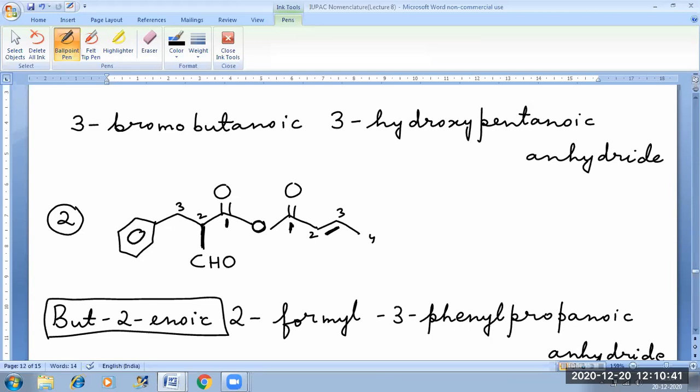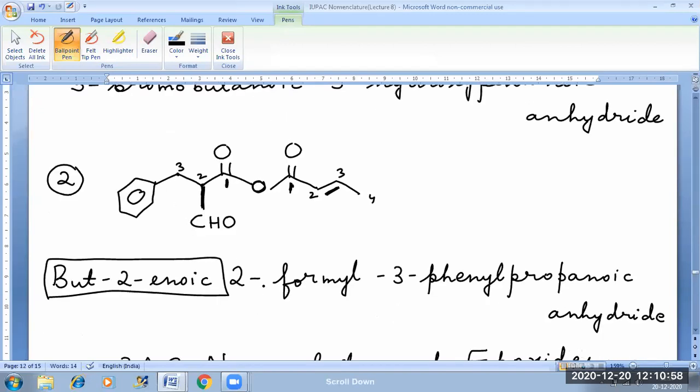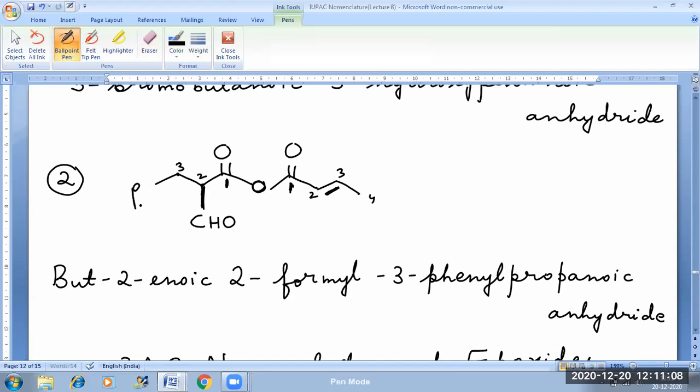So but-2-enoic, then 2-formyl, 3-phenyl, propanoic. Why propanoic? See, this is a chain of 3 carbon atoms, 1, 2, and 3. So but-2-enoic, 2-formyl, 3-phenyl, propanoic, and then the word anhydride.